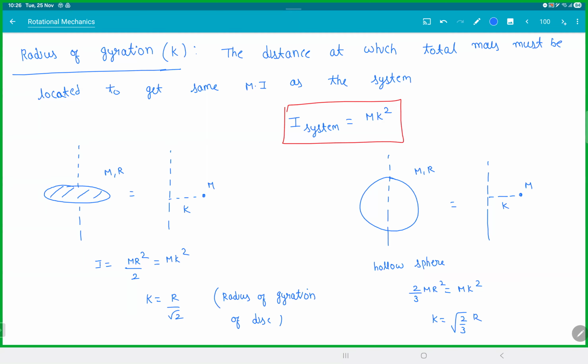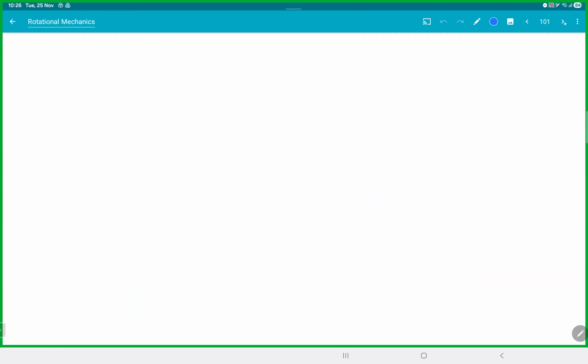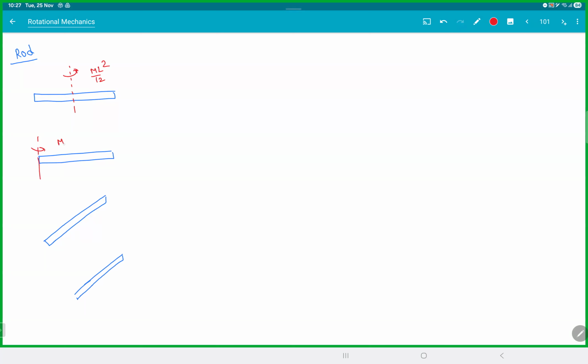Next thing, let's put down all the values. If you take a rod, passing through the center, M l square by 12. Passing through the corner, M l square by 3.